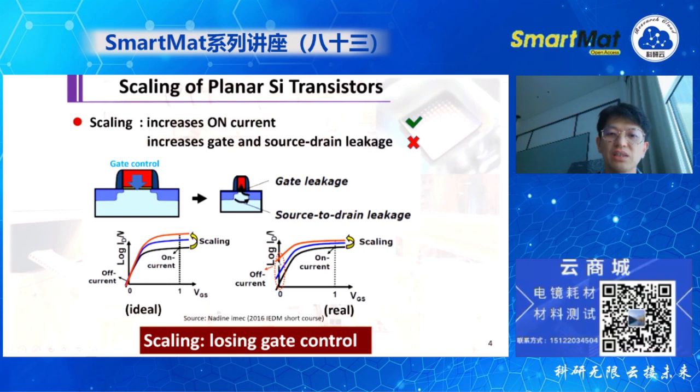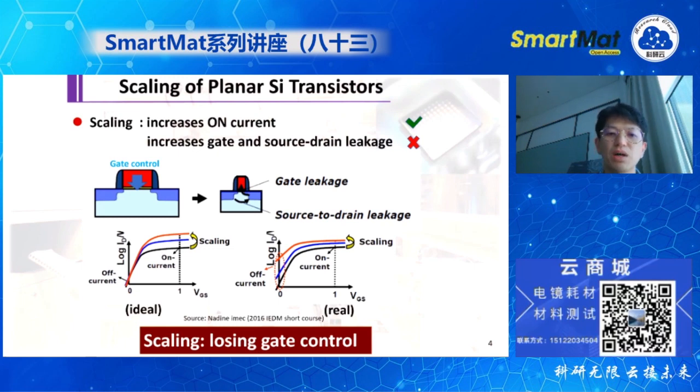So although scaling brings good benefits and a higher speed, we lose gate control, meaning that it's difficult to have low power devices because we are losing power. Computation also becomes more difficult because of the off current. We need enough on and off current ratio, right?